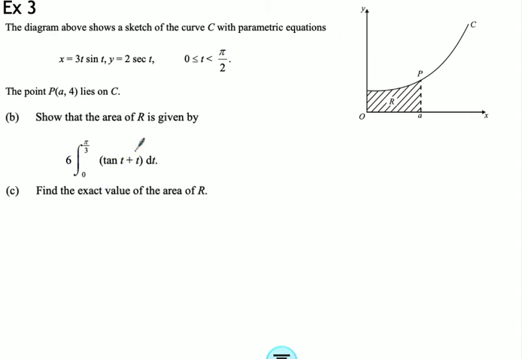Now, it's also worth pointing out, since this is a show that question, we can still do part C even if we struggle to find part B. I'm going to do part C now.